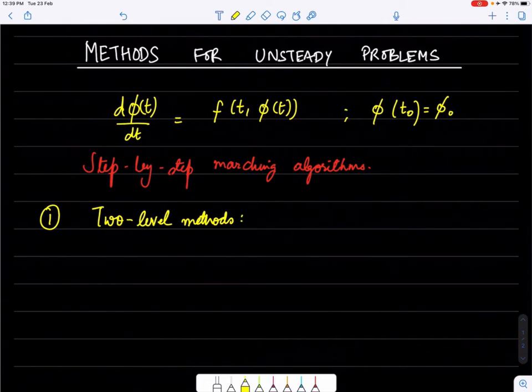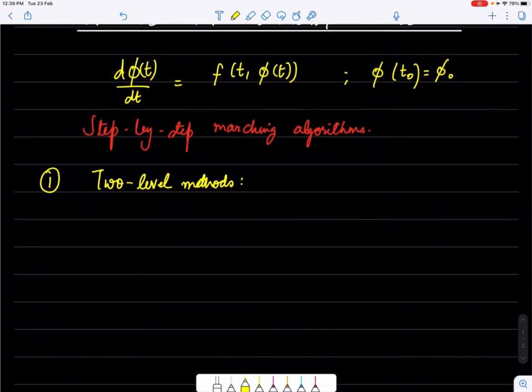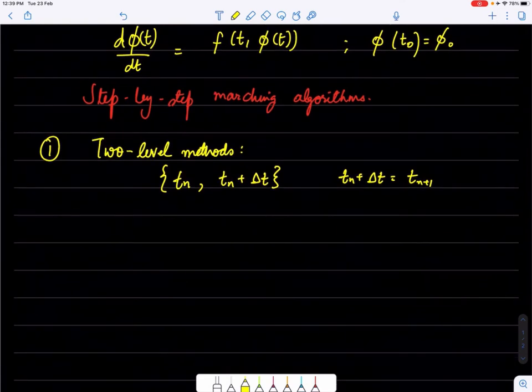The simplest way to understand this is to integrate the equation which gives the evolution of function phi. We'll do the integration between an interval from tn to tn plus delta t, where tn plus delta t is the time instant tn plus 1.